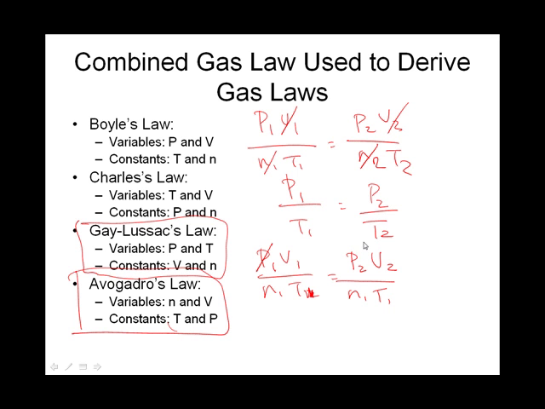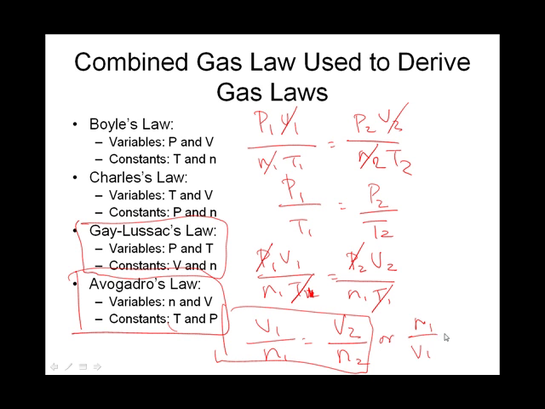So pressure is constant, temperature is constant, and my two variables that are changing are the number of particles and the volume. So here is my Avogadro's law. Remember that these are all proportionalities, and so if I were to write them as just N1 over V1 equals N2 over V2, that would also be the same thing.